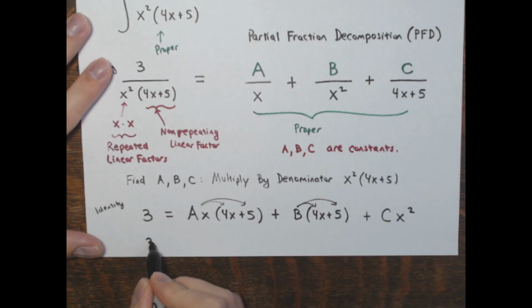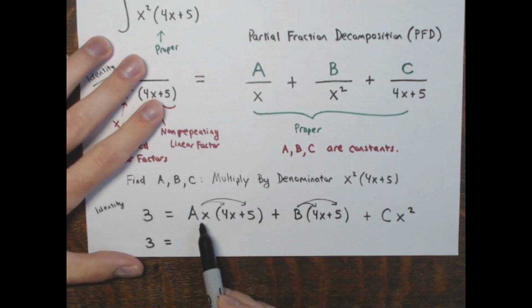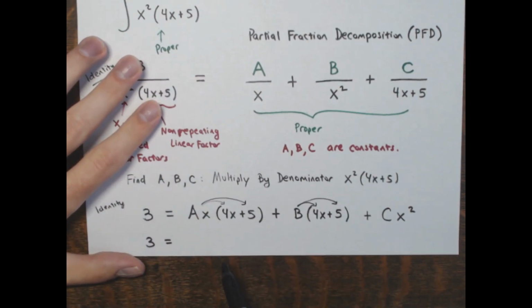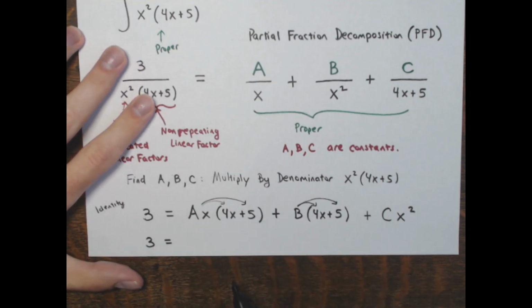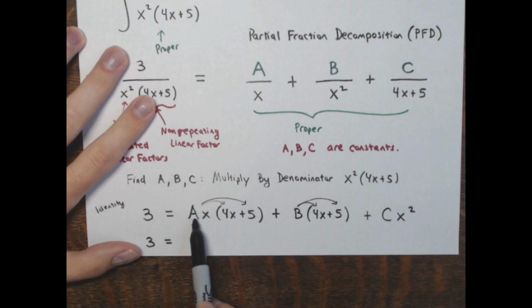So on the left side, I have still 3. Now over here, if I gather the x squared terms, I notice the highest power on x for anything over here is going to be x squared. We'd have 4a. I'll just write it out first and then we'll gather the terms.